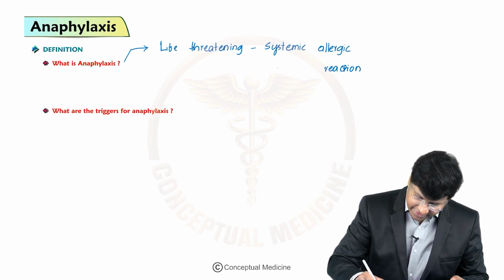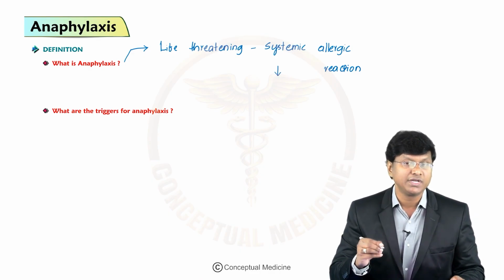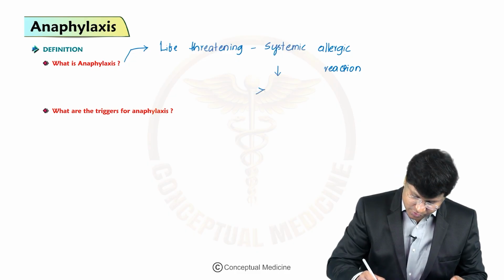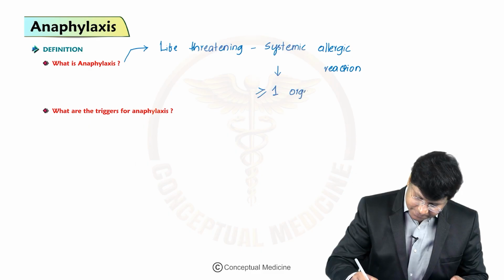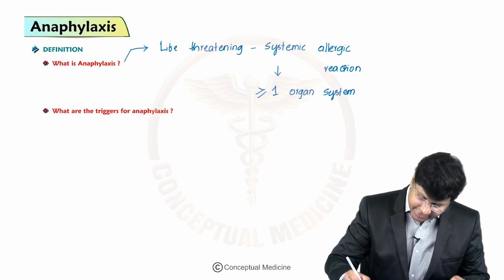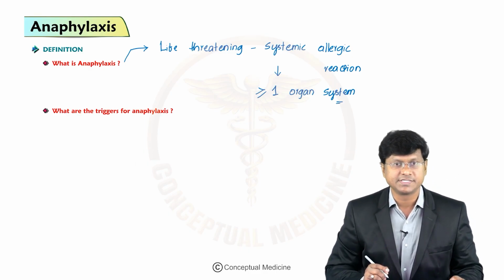And when I am using the word systemic allergic reaction, it involves one or more organ systems. So there will be involvement of greater than or equal to one organ system.